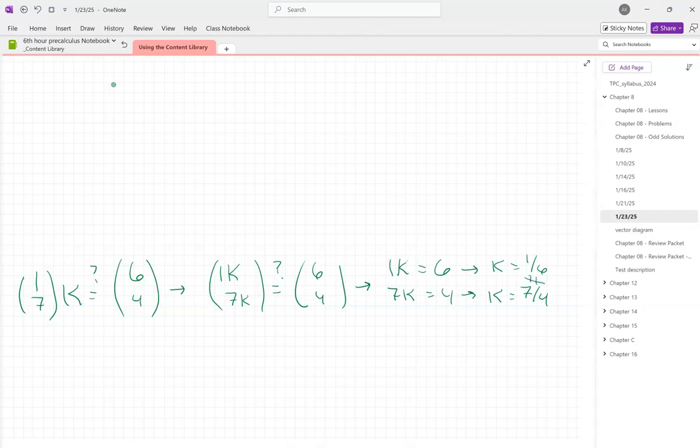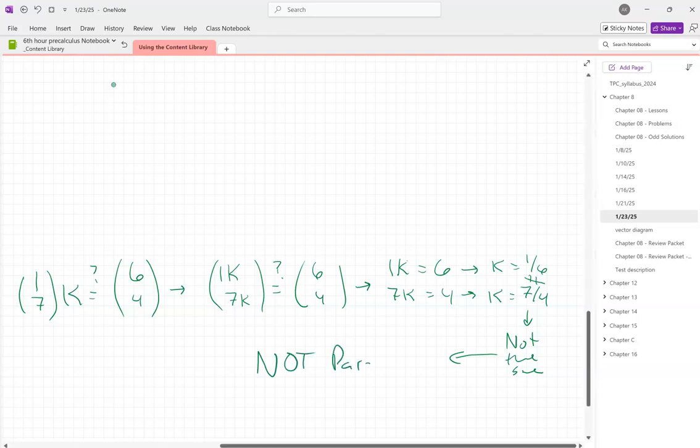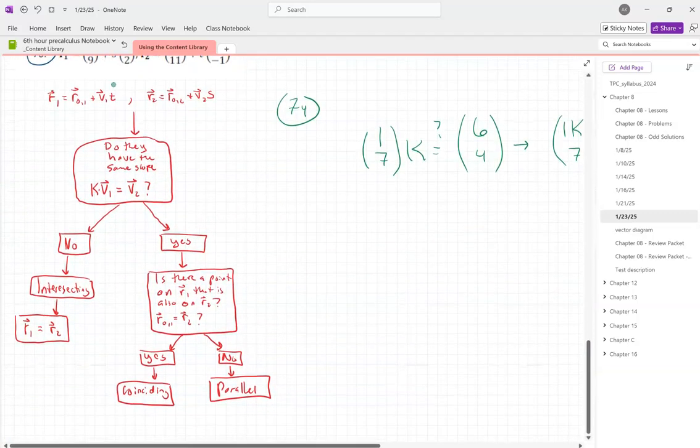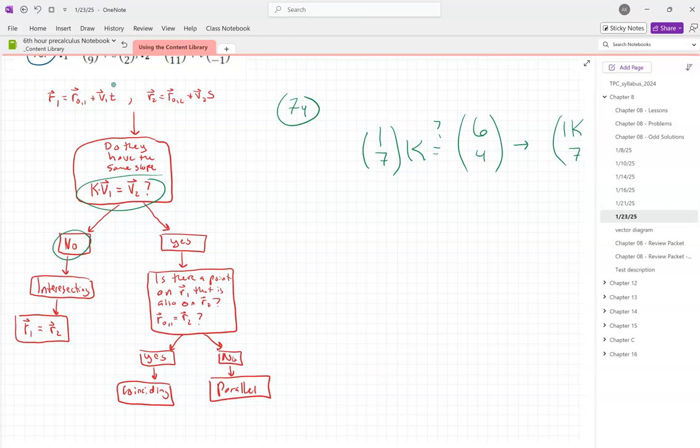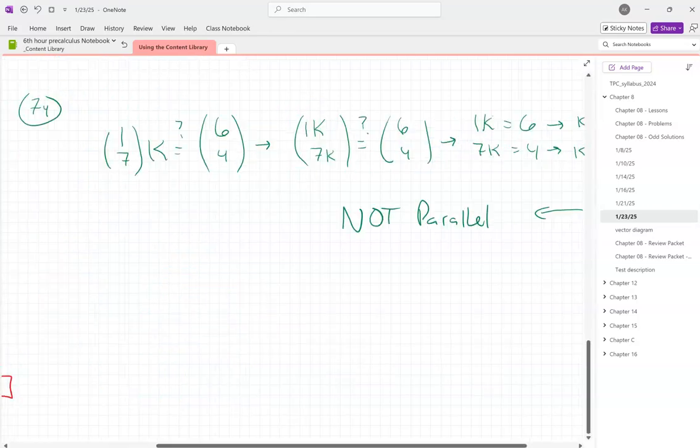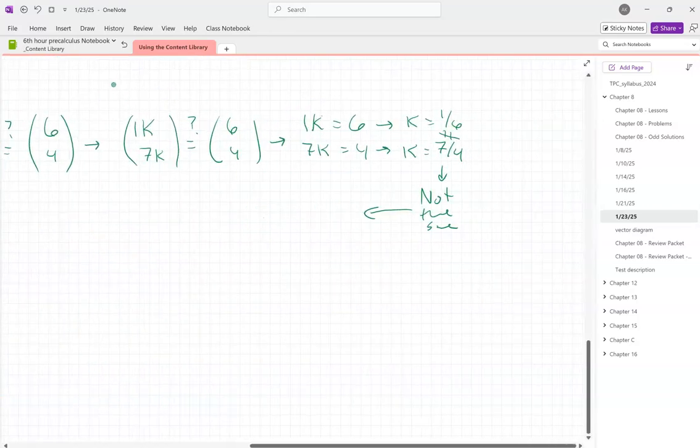But that's different k's, right? And since those two k's are not the same, we are not parallel. Everybody's okay with what I did there? So we just checked that condition. We got no. So we know that the two lines are intersecting now. Let's just say intersecting here.